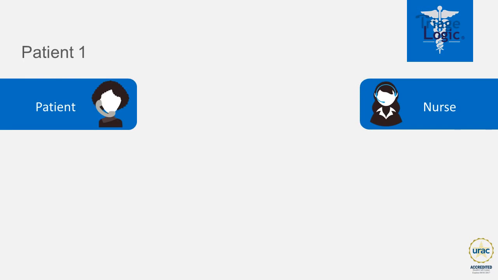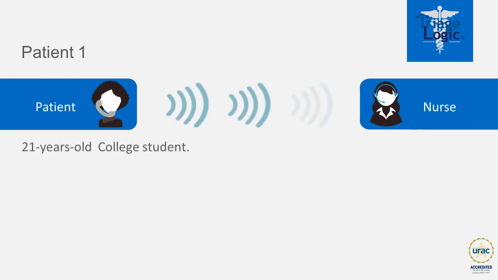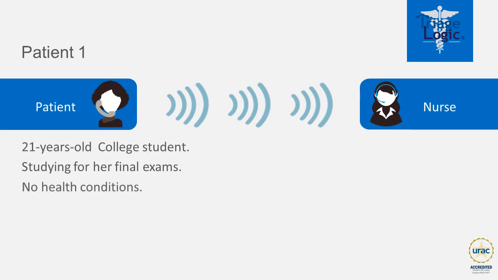Your first call of the day is a 21-year-old college student who is studying for her final exams. She's been up late at night reading and probably not eating or drinking well. She has no health conditions, is not pregnant, has no allergies, and is not taking any medication, either prescription or over-the-counter.